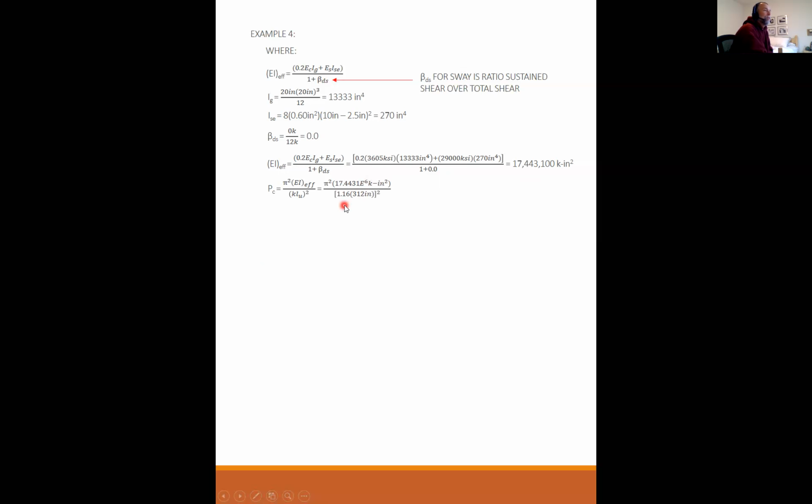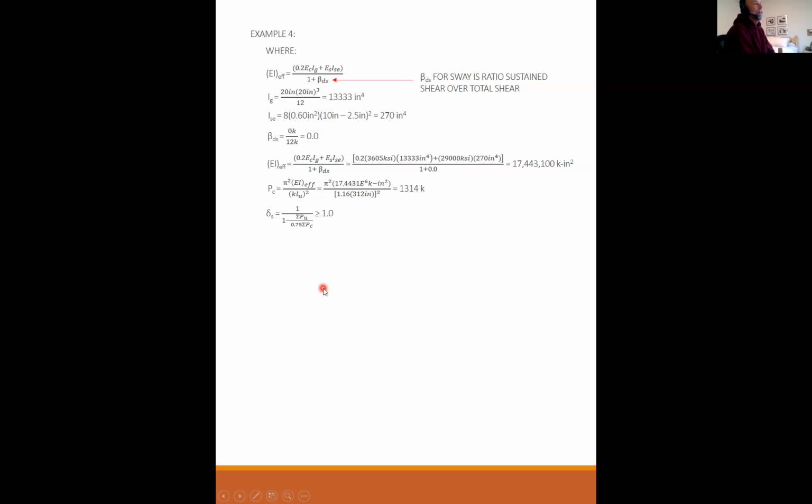My K is 1.16, my length is 312, and I get 1,314 kips. So it is pretty dramatically different than the 1,677 we got before. And the only difference so far is this K factor and this beta ds factor. So these things swing a lot. You've got to be very careful about every one of these components that goes into these.